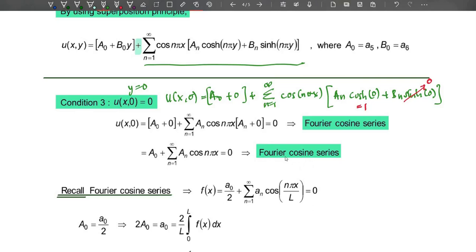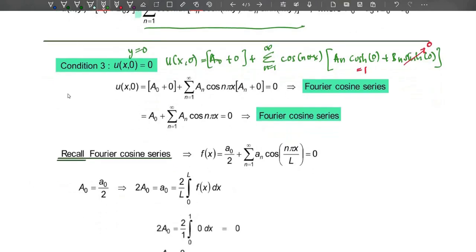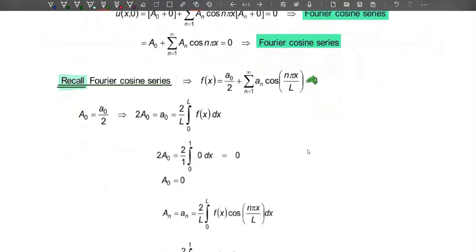Next, you just need to recall the Fourier cosine series, which is f(x) equal to a0 over 2 plus the summation n equal to 1 to infinity a_n cos n pi x over L. This one you can actually neglect first because it's important for you to look at this part only. Right now, A0 is equal to a0 over 2, because this is the part for a0 over 2.